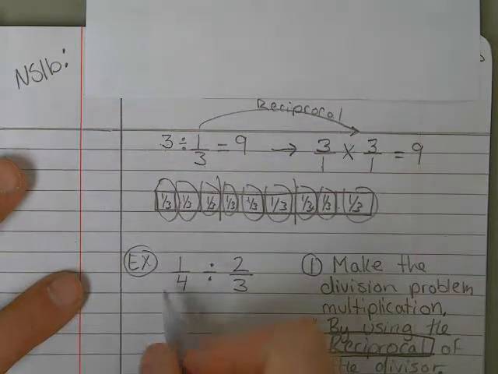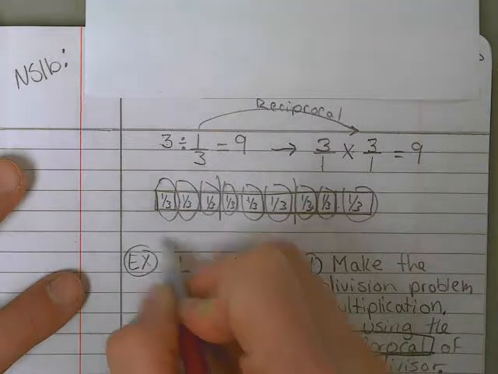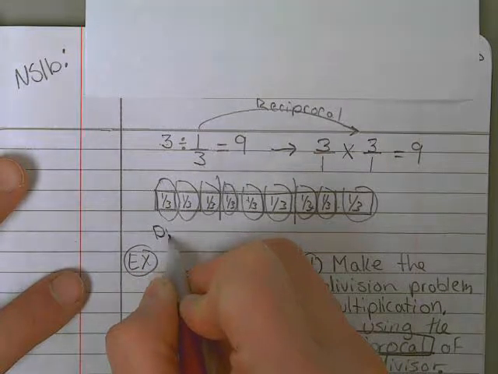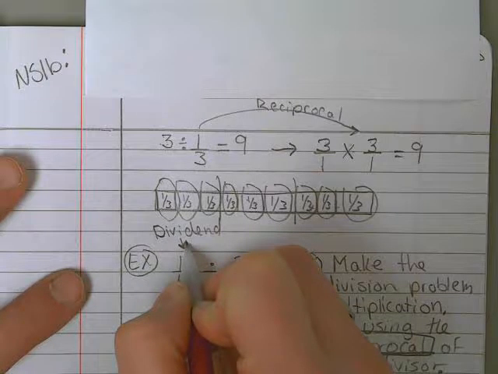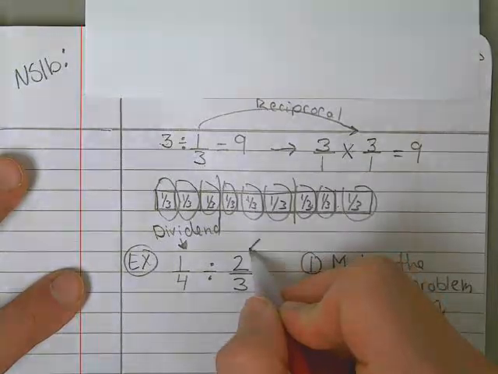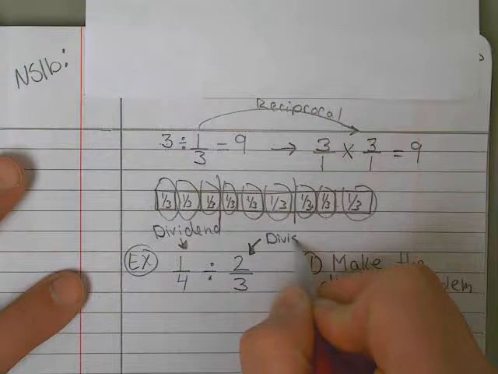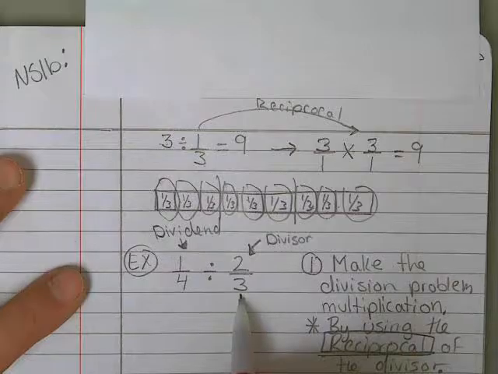Just in case you are a little forgetful, remember that the first number that we're dividing up is called the dividend. This fraction, because it's the first one, the one we're dividing up, is called the dividend. This one here is called the divisor, because that's telling us how much in a group, how many groups. So we're always doing the reciprocal of the divisor.